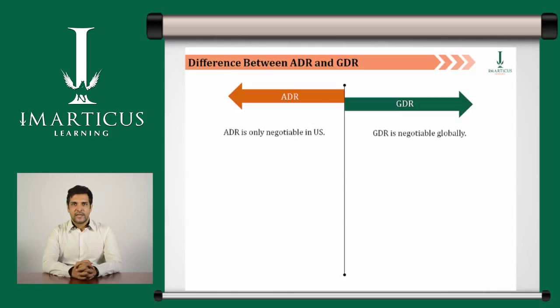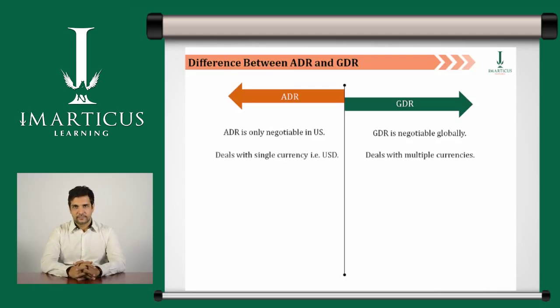An ADR is negotiable only in the US, whereas a GDR is negotiable globally. An ADR deals with US dollar only, while a GDR deals with multiple currencies.